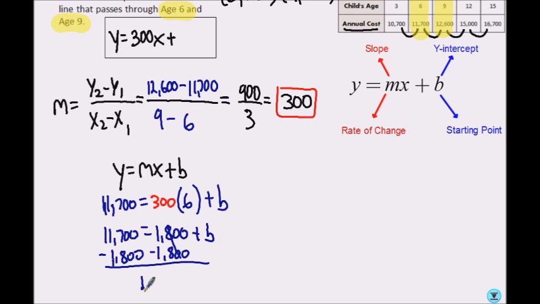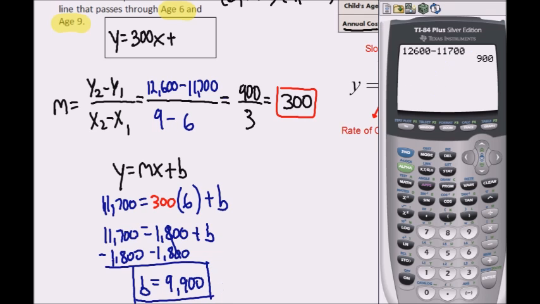And so that would give me that b is equal to 9,900. And if you weren't sure about that, we certainly could have gone into the calculator and double checked our numbers here. 11,700 minus 1,800, and I do get 9,900.